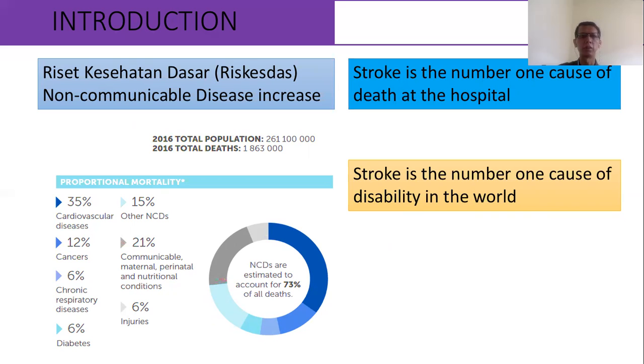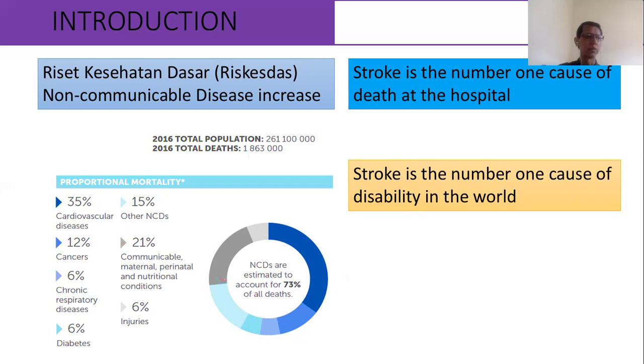WHO data for Indonesia in 2016, with a total population of 260 million and total deaths of 1,863,000: NCDs are estimated to account for 73% of all deaths, and the proportional mortality of 35% is cardiovascular disease, including stroke and cardiac disease.